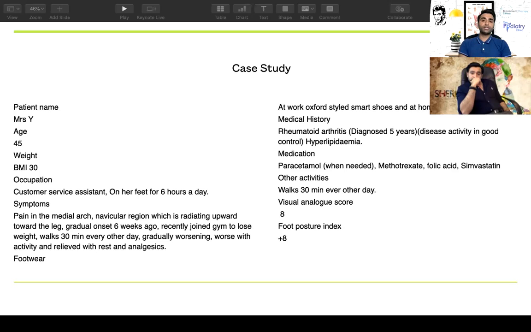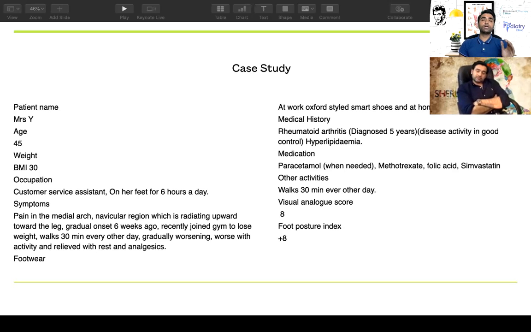The disease activity control I mentioned is good, meaning that if I have a patient with inflammatory arthritis who presents with these things, then along with treating the tib post dysfunction, I have to keep an eye on their disease activity control, because inflammatory arthritis affects synovial sheaths, synovial joints and tendon sheaths.